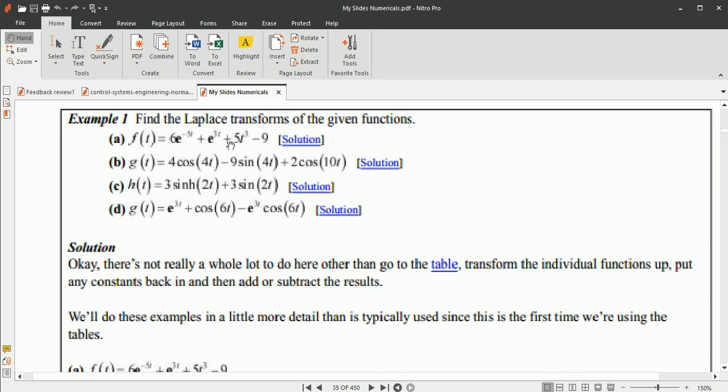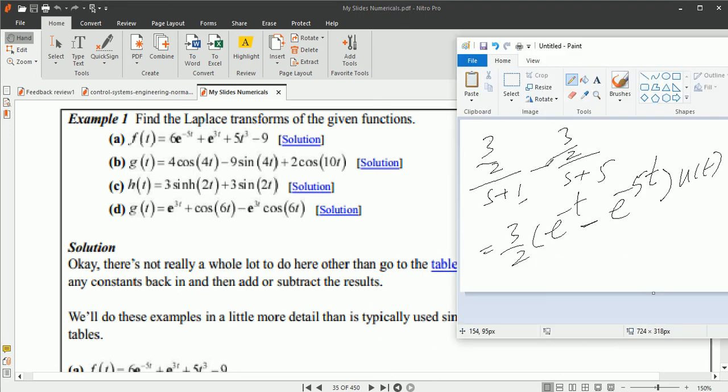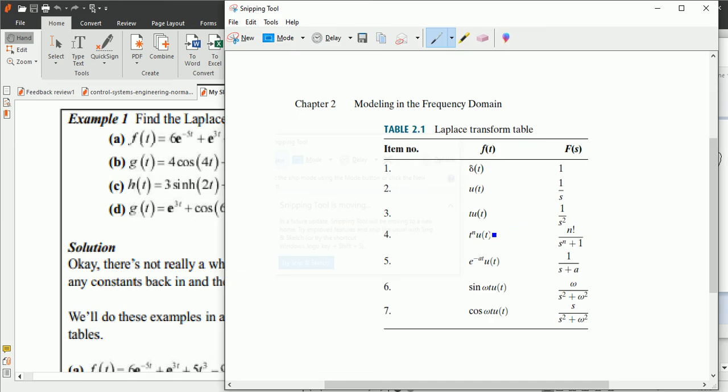Now here we don't have any exponential, it's t cube. I showed the formula. This is the formula for t raised to power n. It's basically equal to n factorial over s raised to the power n plus 1.